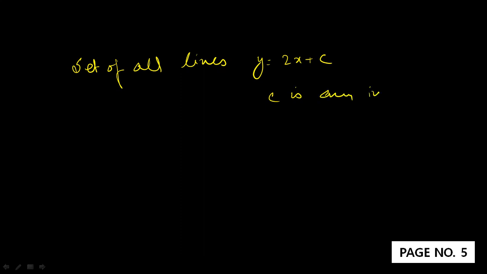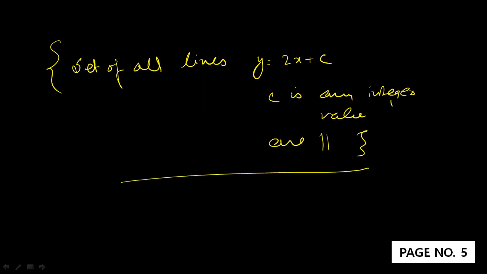It means the set of all lines y = 2x + c, where c is any integer value, are parallel. This one is basically the second requirement of question number 14.